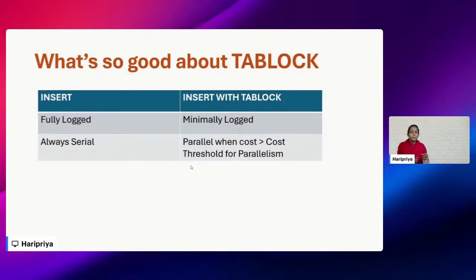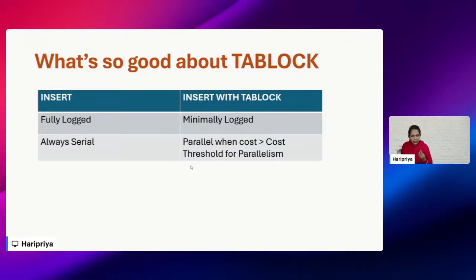But when you do the insert operation with the TABLOCK hint and you are inserting 1,000 rows, not all of that will be recorded in the transaction log. You will not see all 1,000 entries in the log file. You will see probably 0 entries or sometimes just a few entries, like 5, 10 entries, and that's it. And that is called minimally logged.